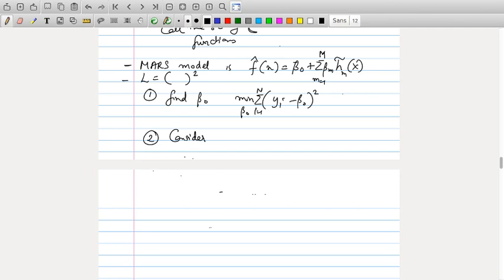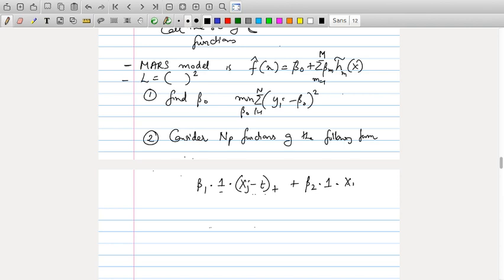consider NP functions of the following form, which is going to be beta 1 times the positive part of (xj minus t), plus beta 2 times the positive part of (t minus xj).